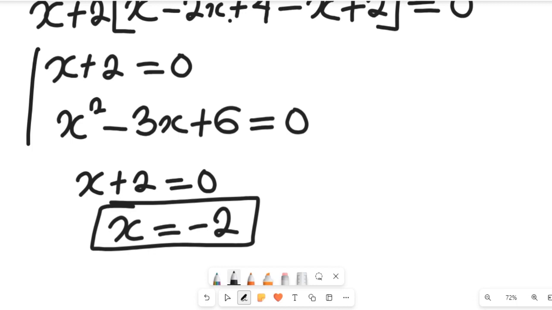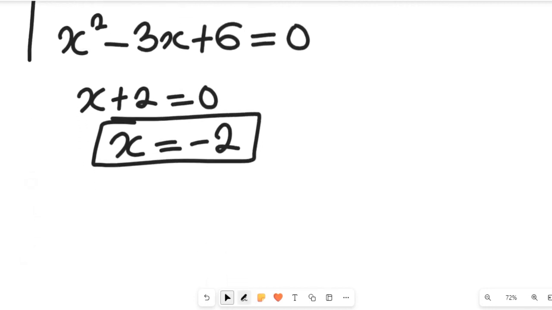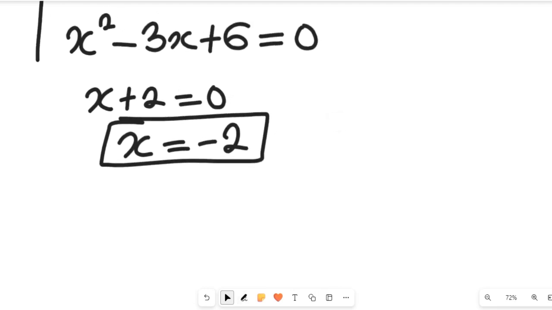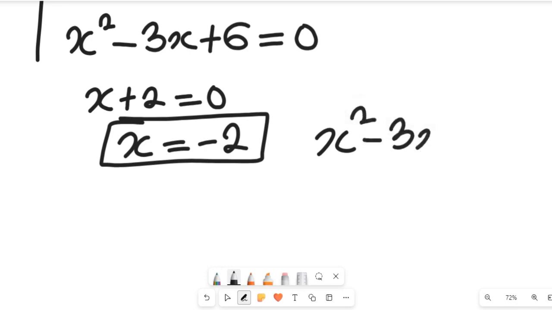Now to get the second solution, we'll have to solve that quadratic expression. We are given x squared minus 3x plus 6, and that will be equal to 0.